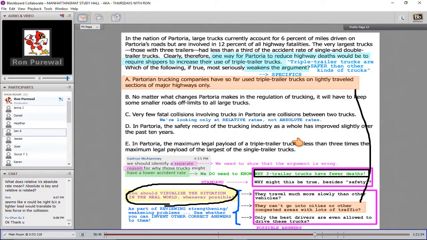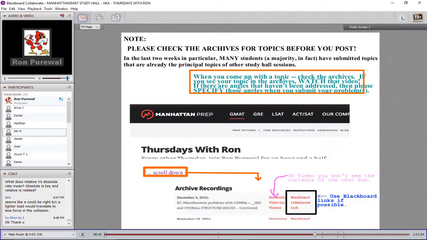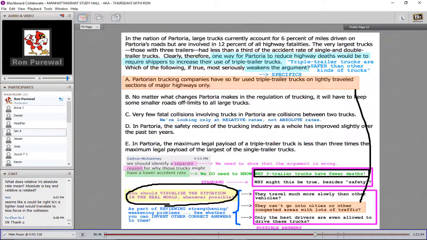Okay. Let's see. Why did we go to that? So this, the maximum legal payload is less than 3 times. The thing is, though, the way they wrote this choice, it's still heavier than the single trailer truck, right?